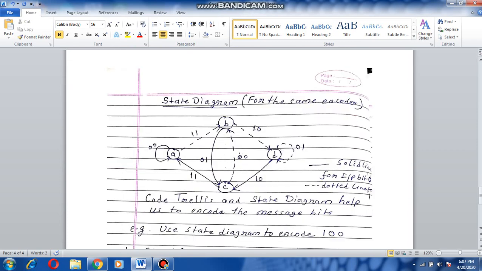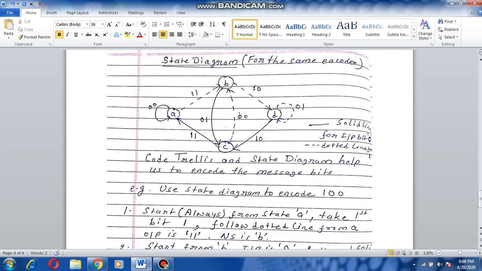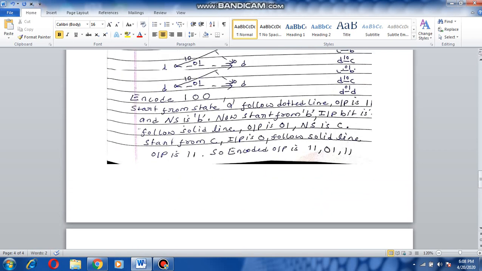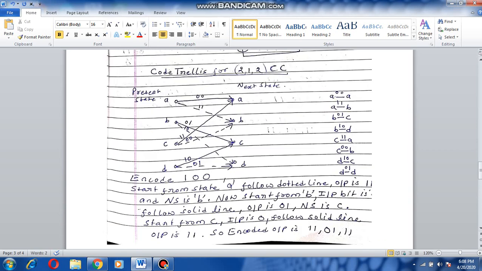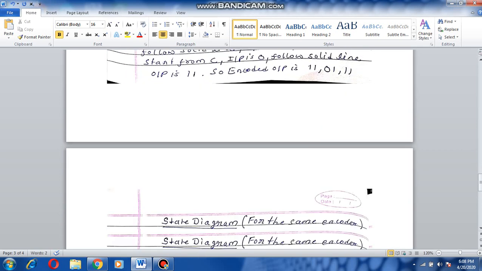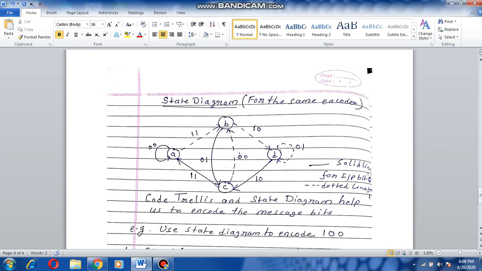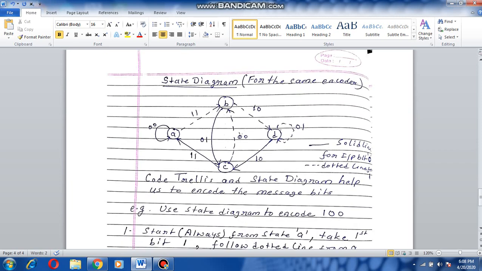Now coming to the state diagram. So what is a state diagram? If we join the present state and the next state of the code trellis, it will form a state diagram, as you can see over here. The same information is depicted in the state diagram also.